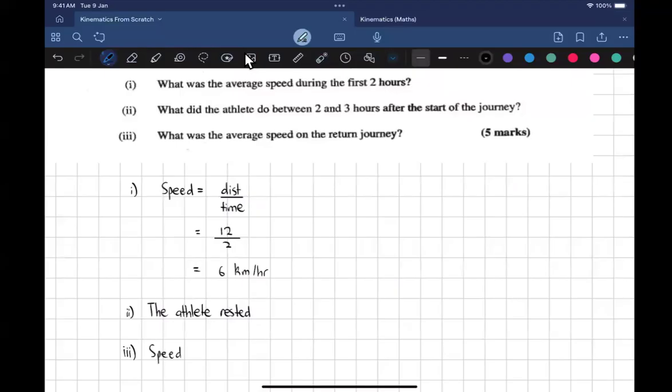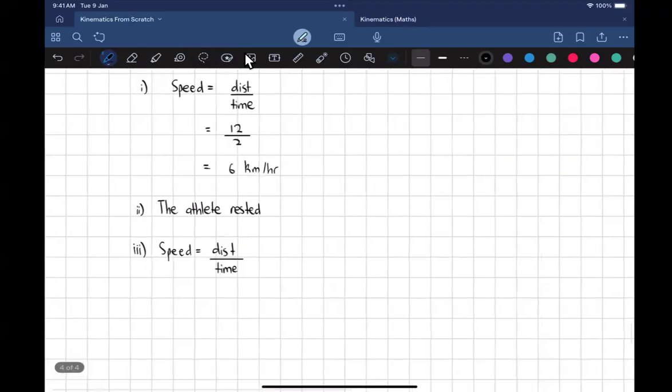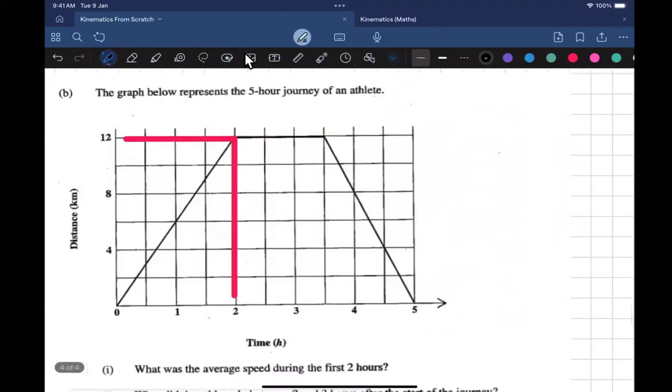Again, speed is equal to distance over time. On the return journey, which is this piece over here, right? On the return journey, guys, he covered 12 kilometers again.